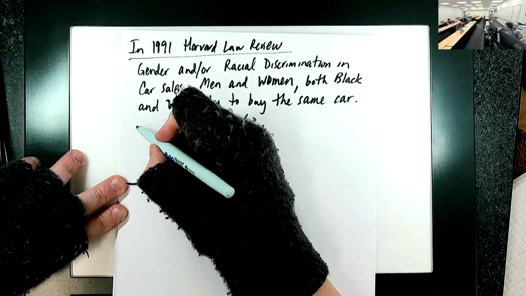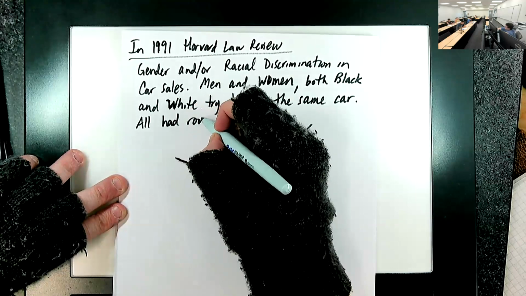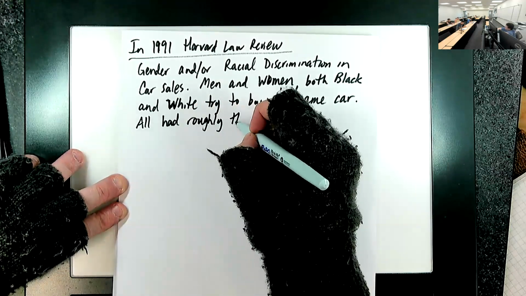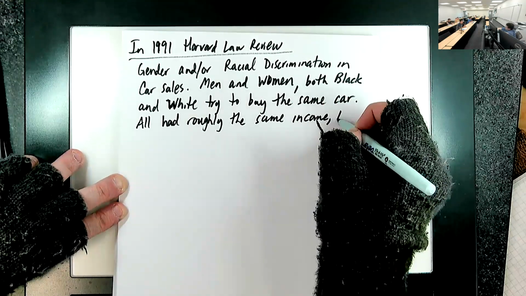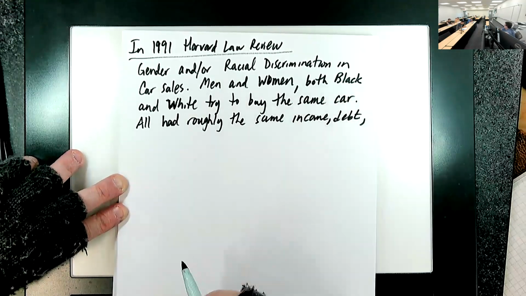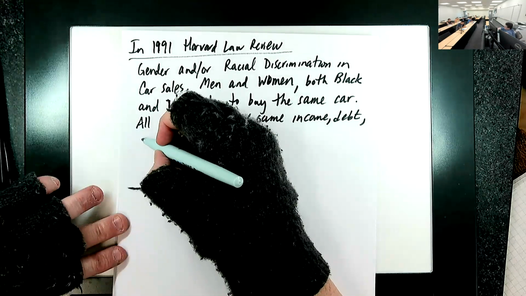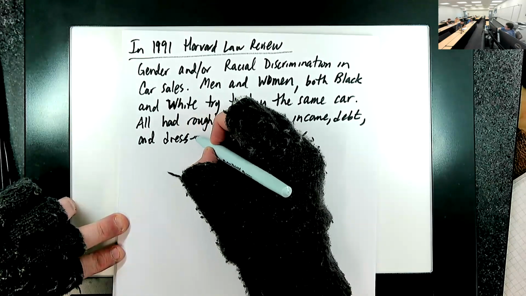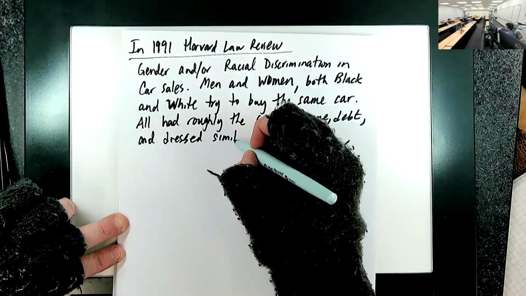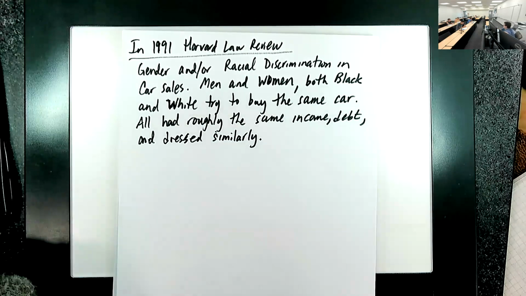They all had roughly the same income, debt, all the things that they're looking for when they decide what kind of rate they're going to offer you, and dressed similarly. Maybe they all showed up in a business suit.